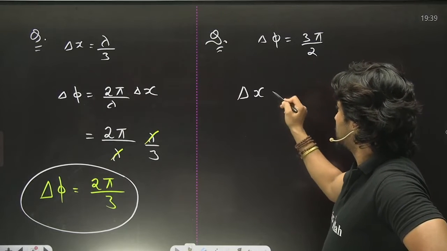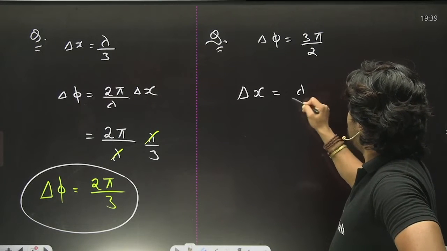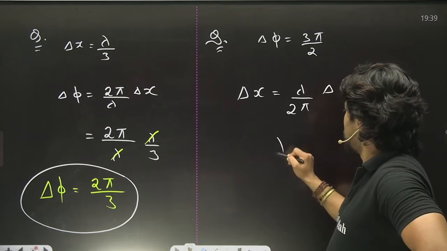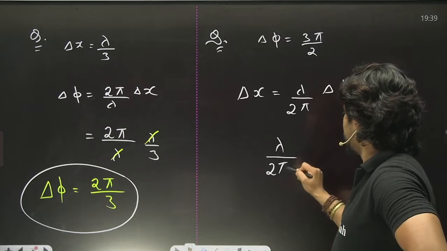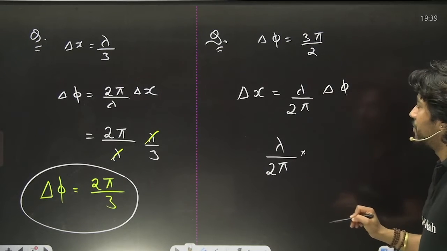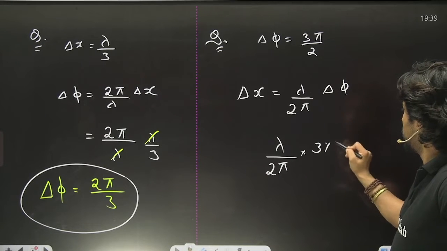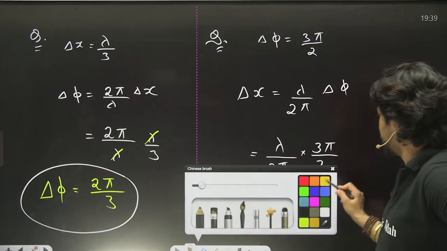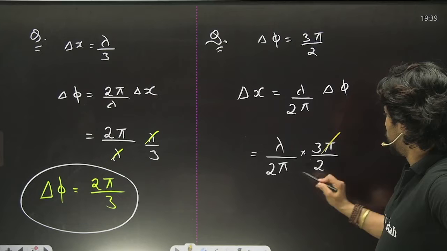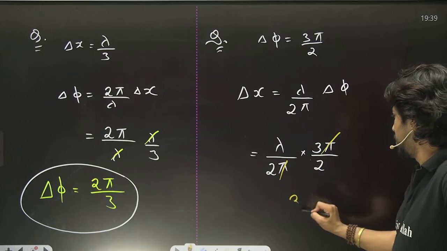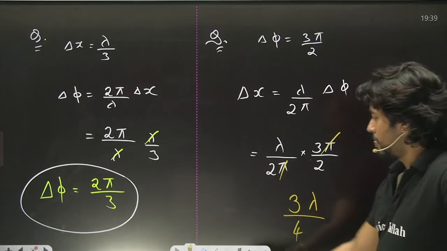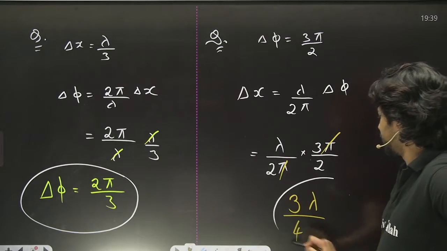Delta x can be written as lambda upon 2 pi times delta phi, which is lambda upon 2 pi times 3 pi by 2. So we are left with 3 lambda by 4. Note it down.